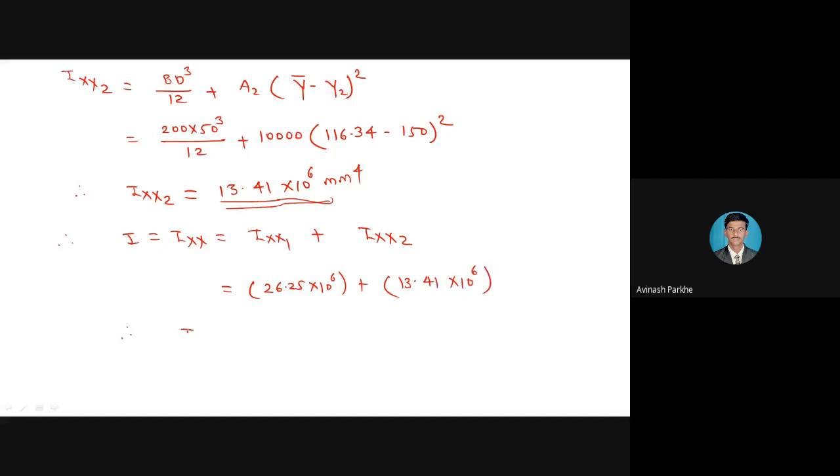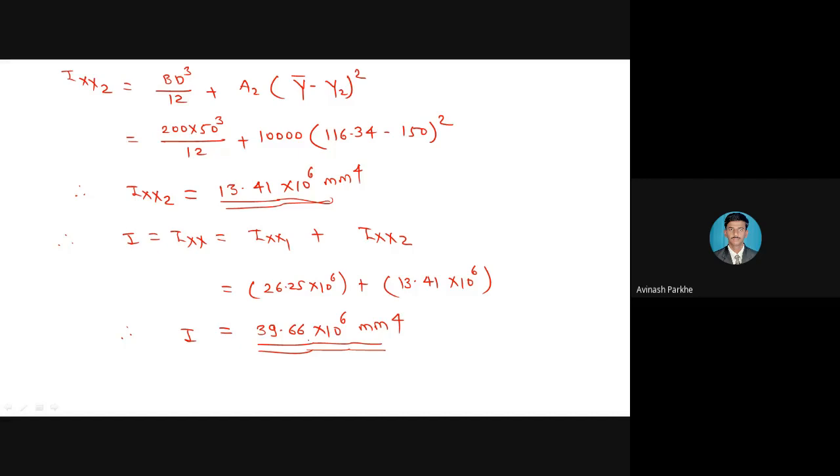So you will get a total of 39.66 into 10 raised to 6 mm raised to 4. So this is the total I, that is the moment of inertia. We only have to add Ixx1 and Ixx2. So 39.66 into 10 raised to 6. This is the total moment of inertia about the neutral axis.